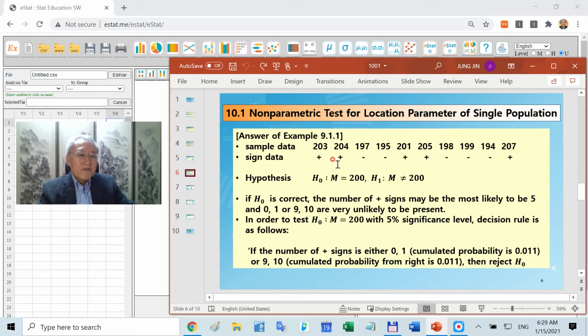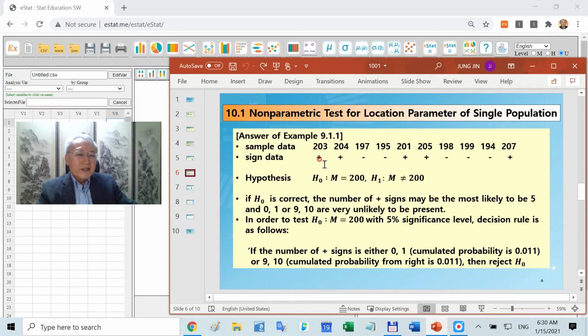We are converting the original data like this, into plus and minus signs. If it is above 200, we give a plus sign. If it is less than 200, it looks like this. What would happen if H0 is correct?